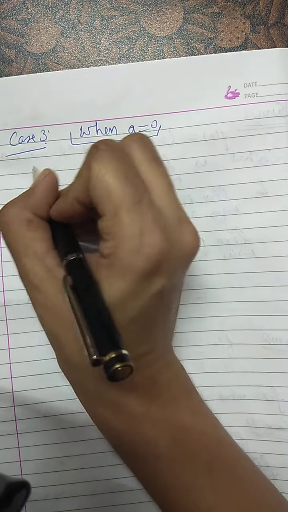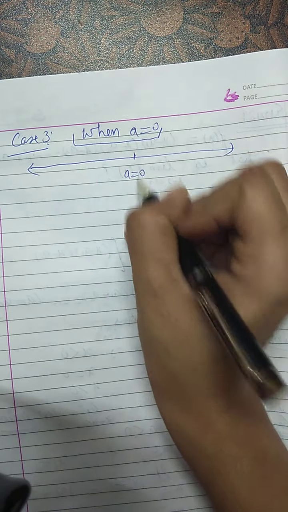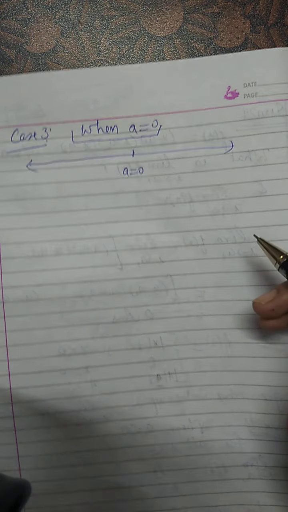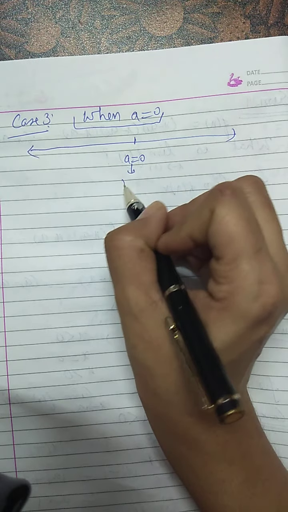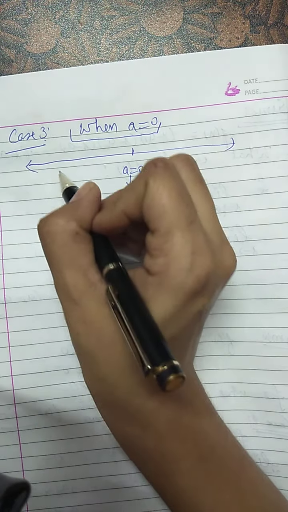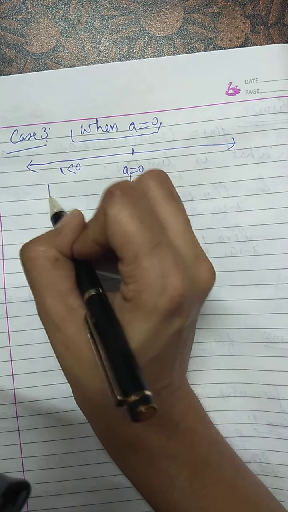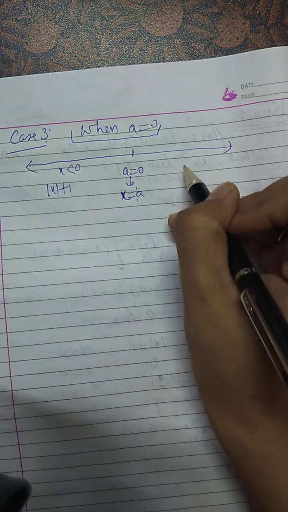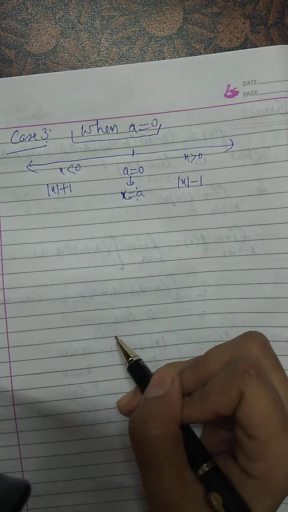When a is equal to 0, now let me show you on the real number line. That means this a is 0, right? And in the definition of the function we are given for all x. Now this x is actually a and a is 0, and for all x less than 0, for all negative values of x, the function is mod x plus 1, and for all positive values of x, the function is mod x minus 1.